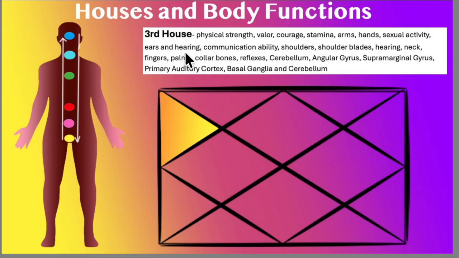Your ears and hearing, okay, your communication ability, your shoulders, shoulder blades, neck, fingers, palms of your hand, your collarbones, your reflex capacity, reflexes. In terms of brain again now: the cerebellum, the angular gyrus, the supramarginal gyrus, the primary auditory cortex, the basal ganglia, and the cerebellum.